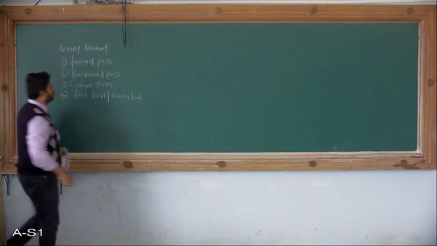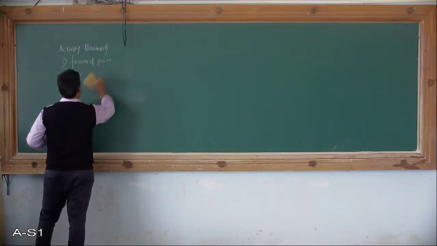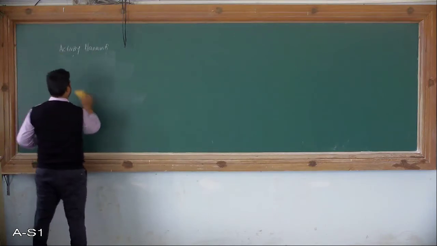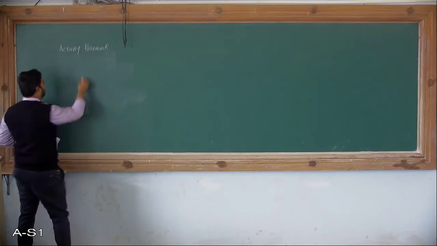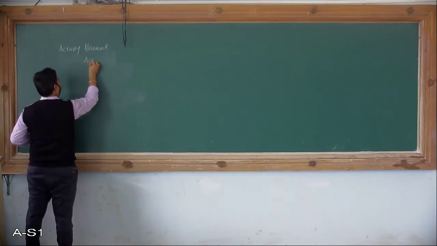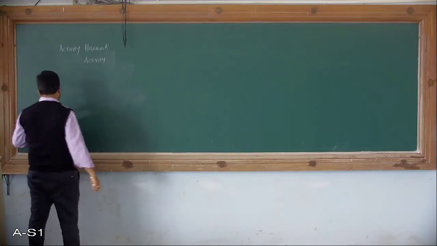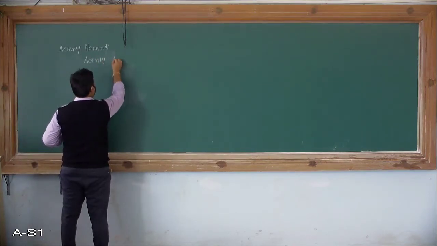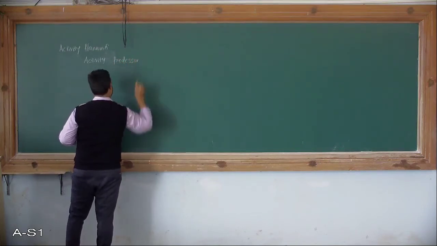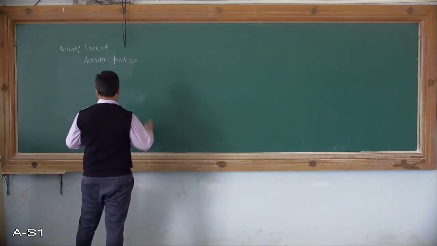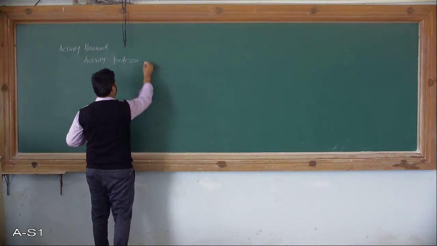Fine. So we have a list of the number of activities. This is my activity list: activity, predecessor or successor, which means the activity that follows that particular activity, then duration.